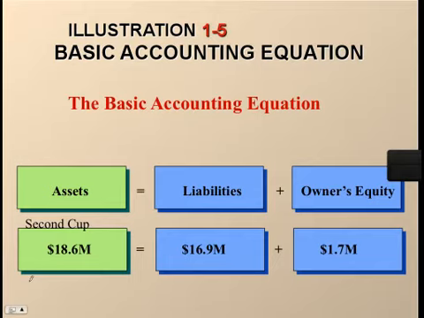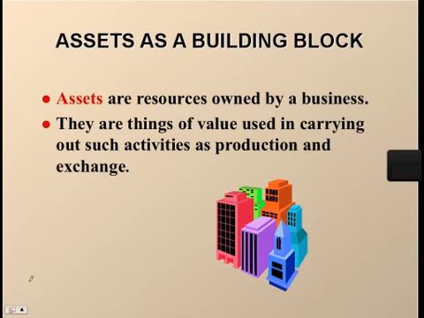Therefore, if you subtract your liabilities from your assets, you will have $1.7 million in owner's equity. Remember, this basic accounting equation must always remain in balance in order for you to have balanced financial statements.